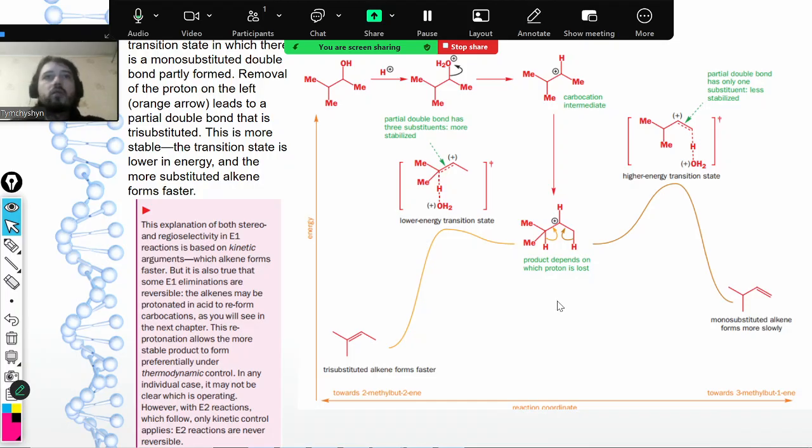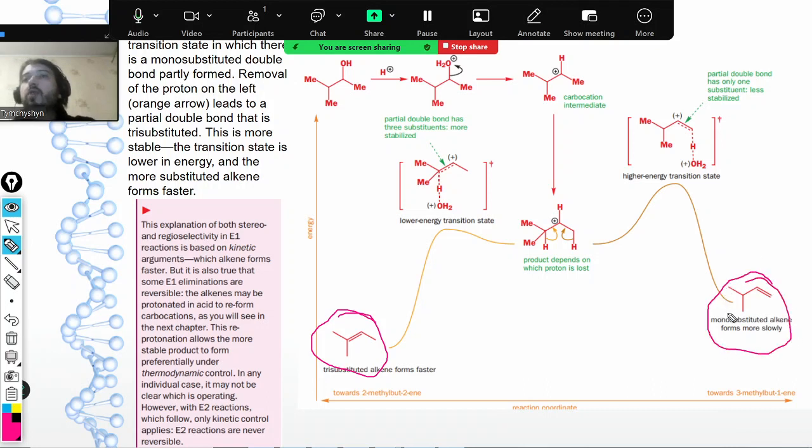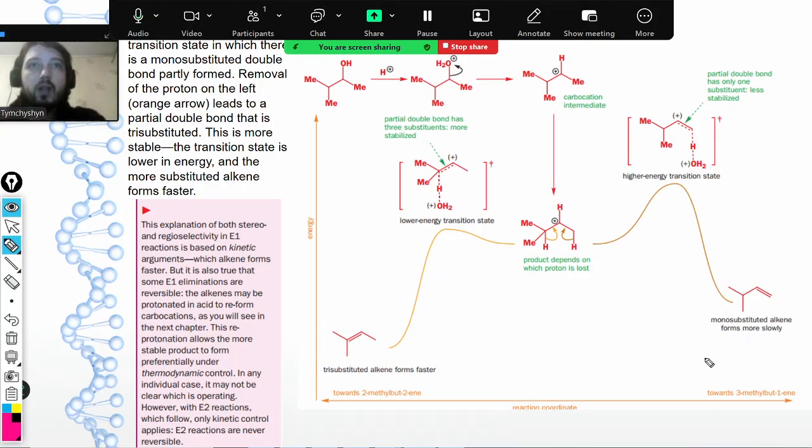So whatever we lose will define the result of this reaction. If we lose one of the protons, we get a trisubstituted alkene. It forms faster. If we lose this one, we have a monosubstituted alkene that forms more slowly.